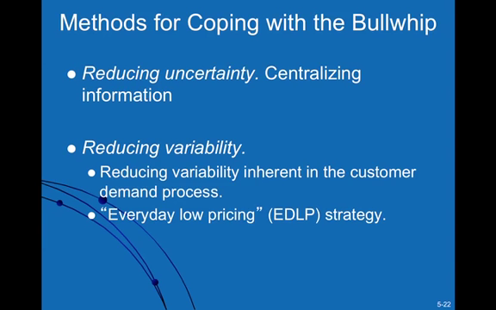One of the techniques for doing that, which Walmart has pioneered, is what we call everyday low pricing. With an everyday low pricing strategy, you don't have these major fluctuations in demand because customers don't have to worry about the prices changing. As a result, you get some stability in the demand function.